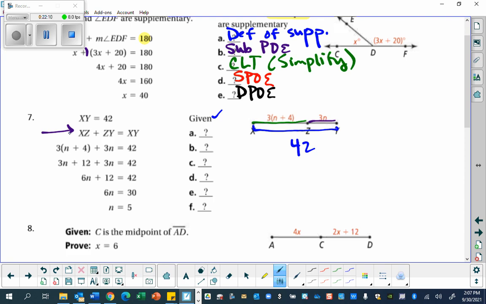I'll say the words. You can add, and don't forget you can do it with angles. So there's one of these for segments, there's one of these for angles. With this, you can add the 2 little pieces together to get the whole. It's in your notes. It's got the word addition in it.